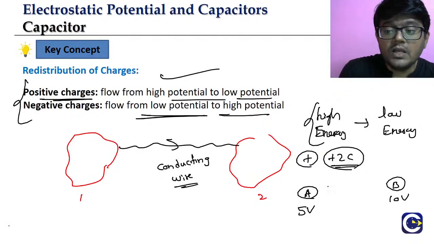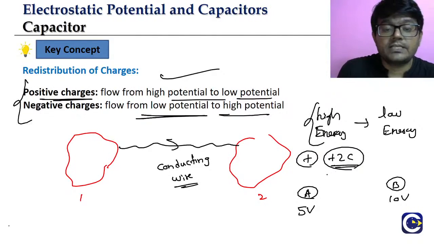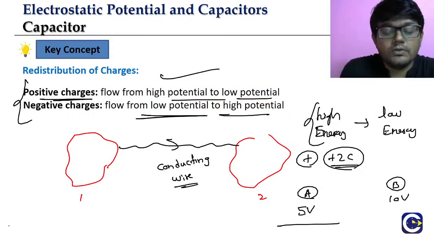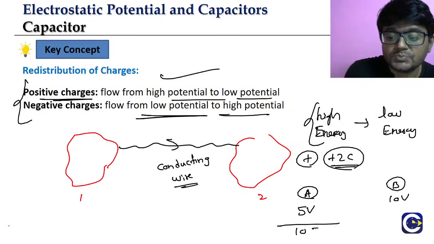If we take a positive charge, what is the energy of that positive charge? So now you are taking a charge Q to a location where the potential is V. Then what will the potential energy of that charge be? Q into V, right? So how much is Q? Plus 2. How much is V? 5. Multiply, 5 into 2 is 10 joules.